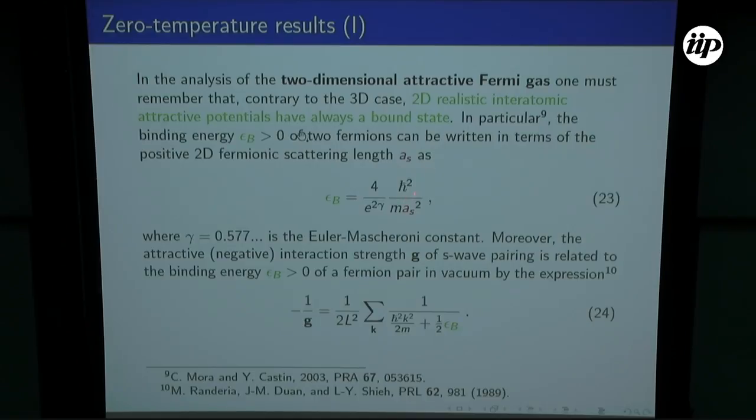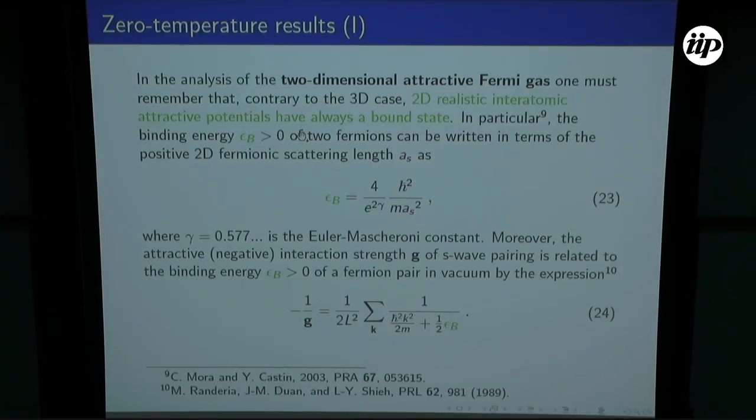You see the binding energy is proportional to the inverse of the square of the scattering length, and it appears this nice number gamma, that is the Euler-Mascheroni constant. Moreover, you can relate the binding energy, and also implicitly the scattering length, to the strength g that appears in the starting Lagrangian of the interaction between fermions.